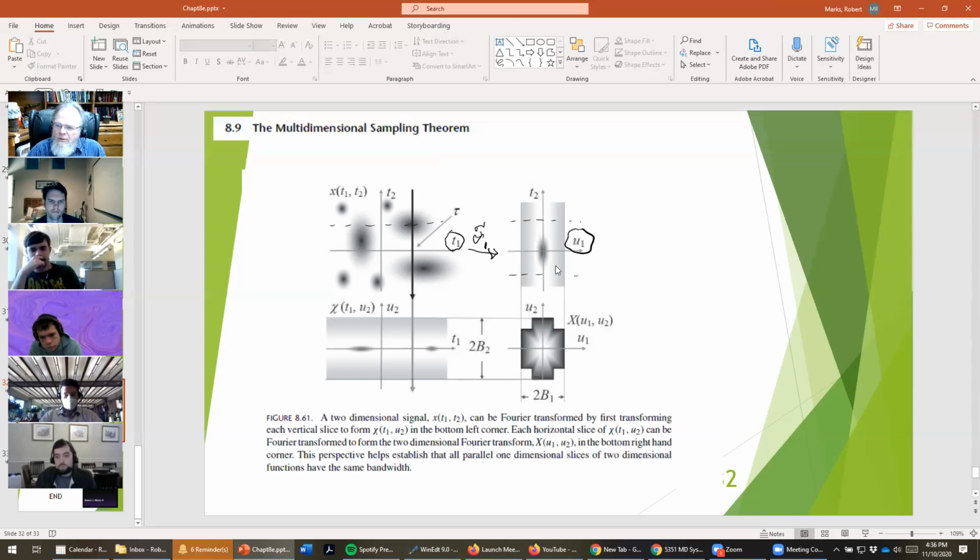And then what we would do is we would do a Fourier transform in the second variable, and we would get the corresponding spectrum, which we assume is band limited. Is that okay? I mean, we can do this straightforwardly. This is the integral over T1. Let's see, which one did we do? T2.